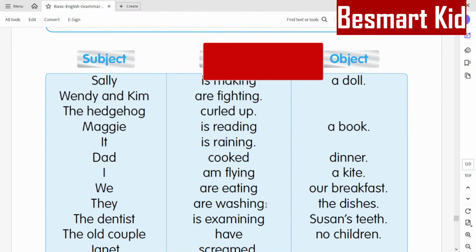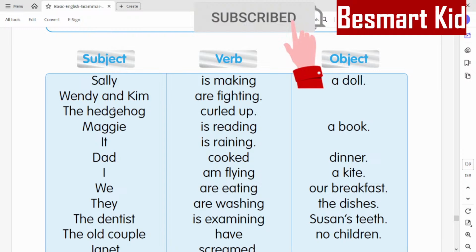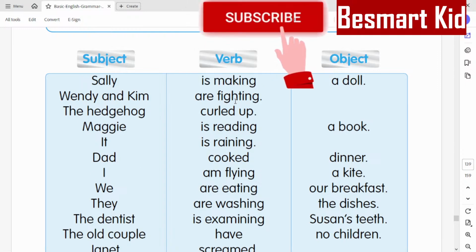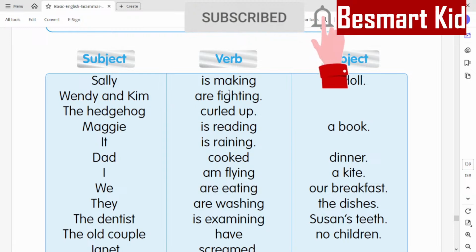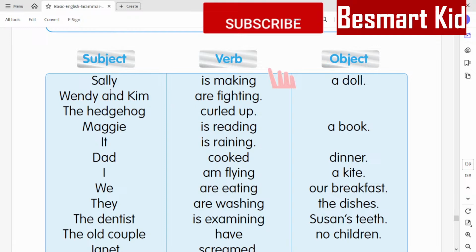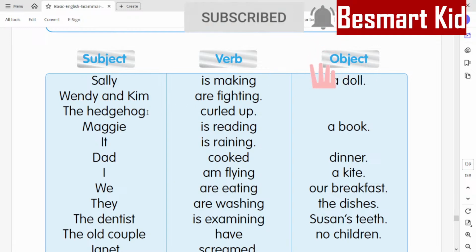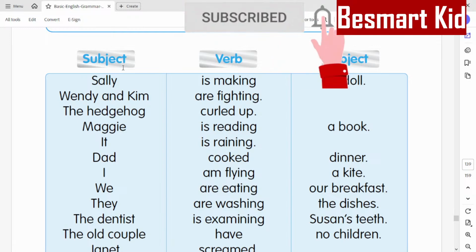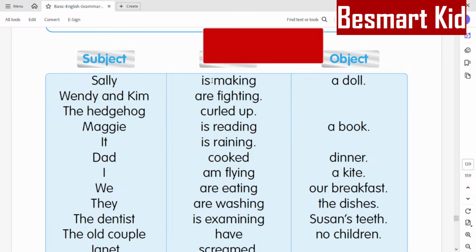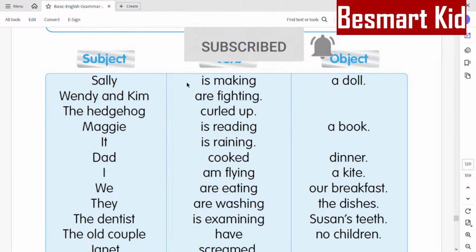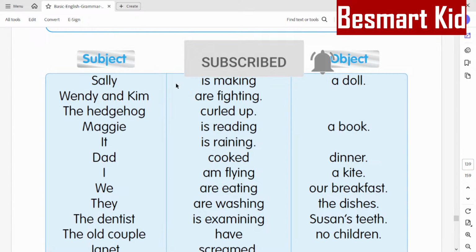We have a table here which has subject, verb, and object. Sally is making a doll. Sally is the subject, or a name. Is making is a verb, or action, what is done by Sally.